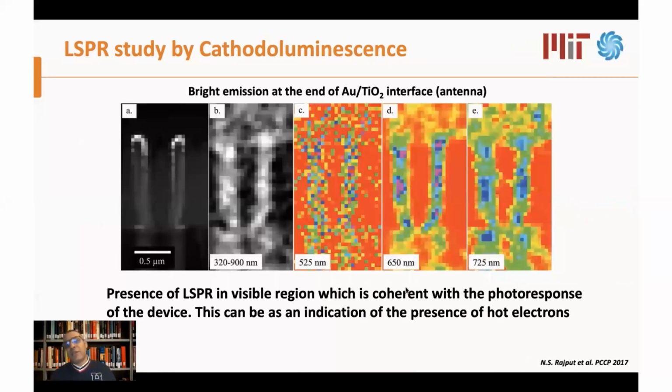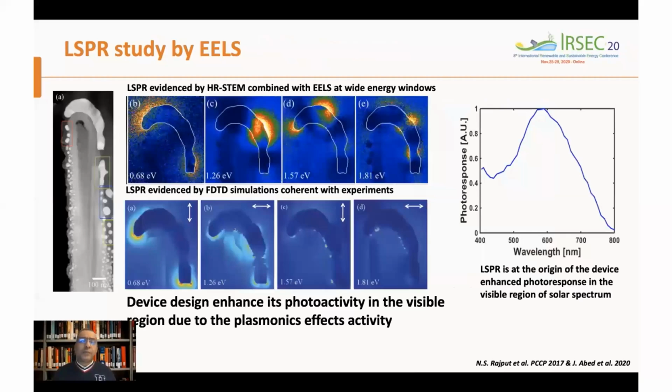This can be translated into a color code very easily. You see that in the whole visible region, we have this antenna structure showing very high LSPR activity. So basically, we are now able to extend the absorption into the visible region and at the same time enhance the LSPR activity in this device.